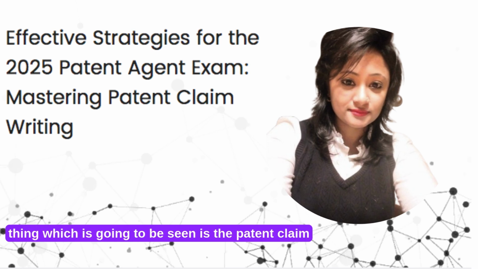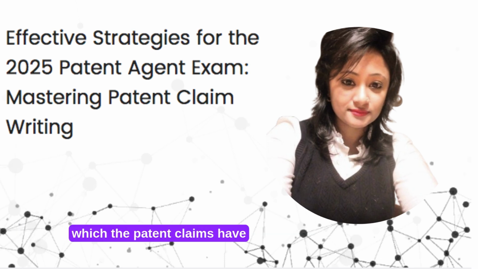The first thing to be seen is the patent claims, and the patent claims have to be read with the detailed description. The two most important sections of a patent application are your patent claims and the detailed description, which in general words we call DD.